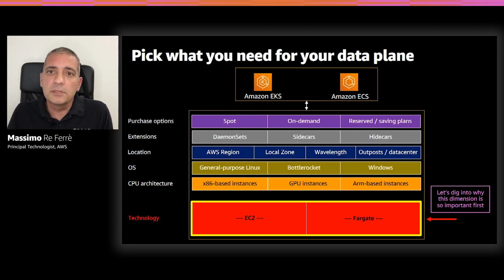So the assumption is, in order to run containers, I need a cluster of Linux x86 VMs, and the VMs are EC2 instances in AWS parlance. So I'm not going to talk too much about that. I want to talk more about Fargate and what Fargate is.